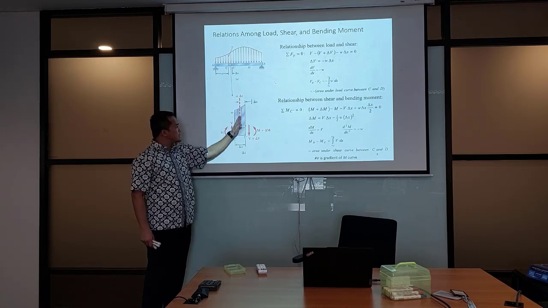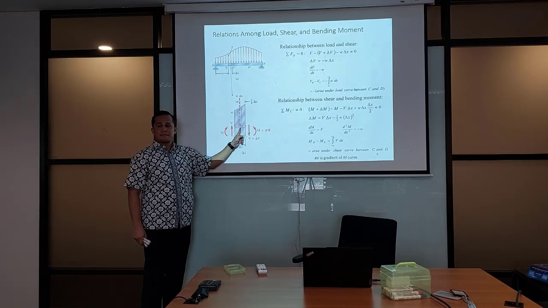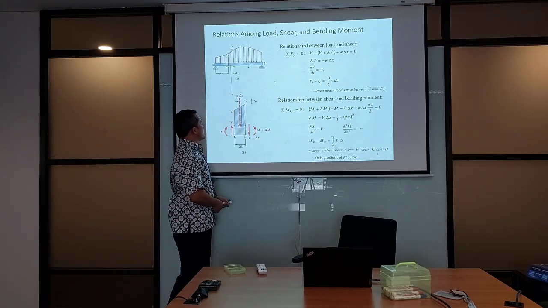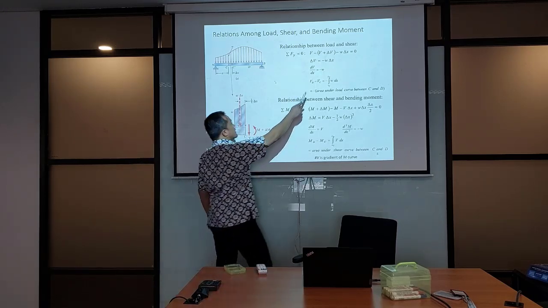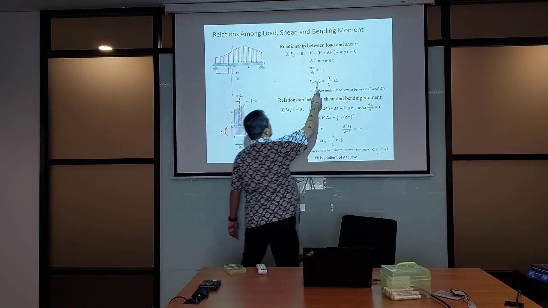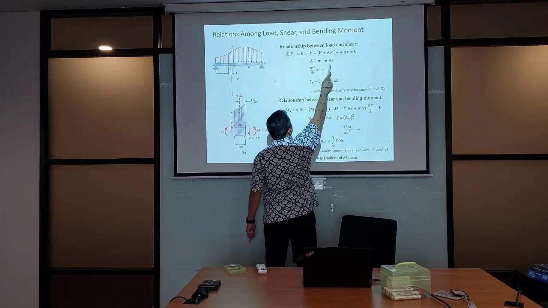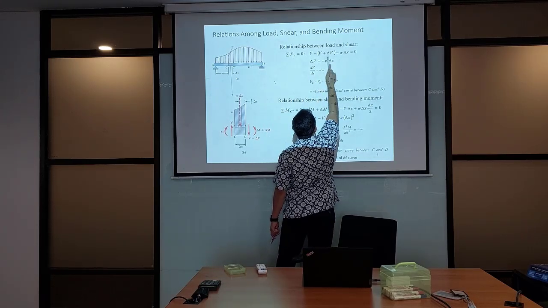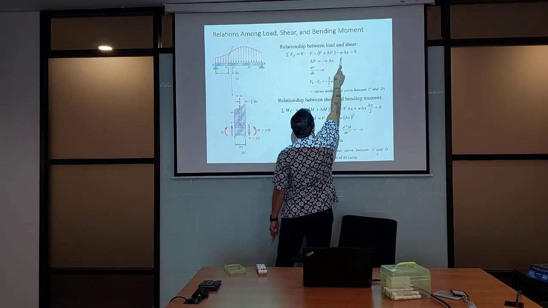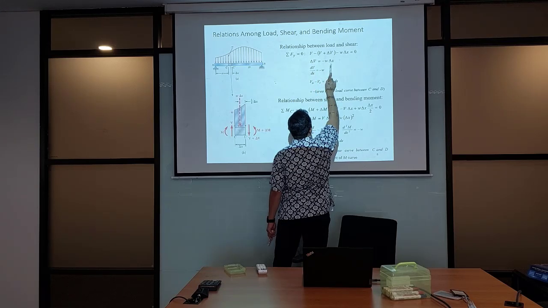This dashed line represents the total of this distributed load applied in the middle. Therefore, it will add another force going downward, W delta x. V and V cancel each other, therefore you get only delta V. Delta V minus W delta x equal to 0, therefore delta V is equal to minus W delta x.